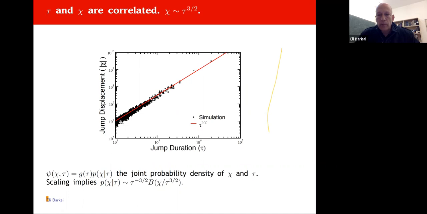Now, from this curve, just from the numerics, but we can prove this analytically, this density function, ψ given τ, is scaling like τ to the power 3/2. This you see from this simulation. Is there a question?